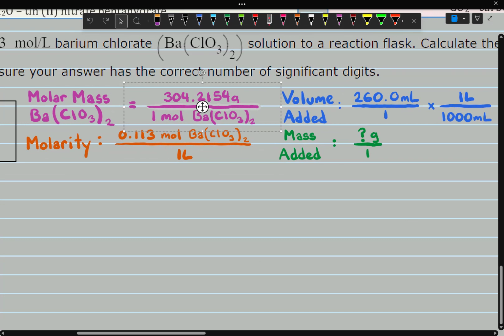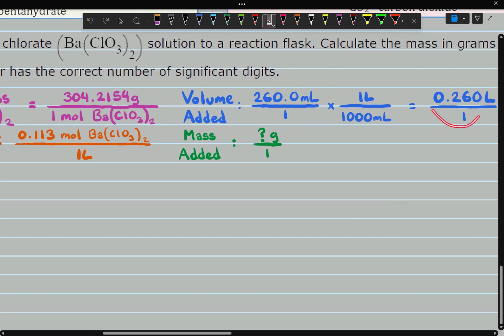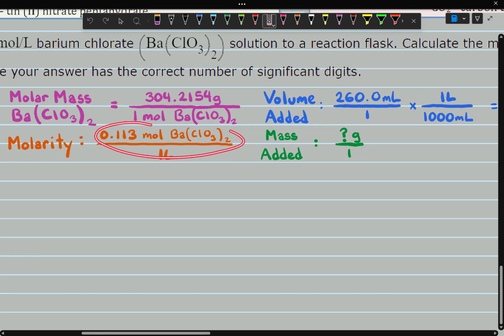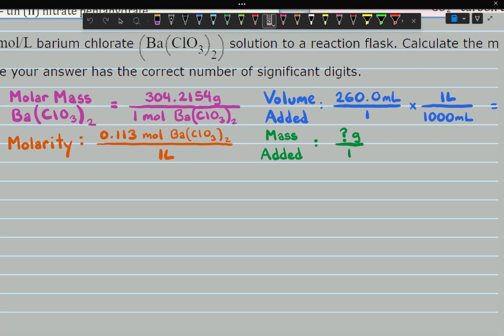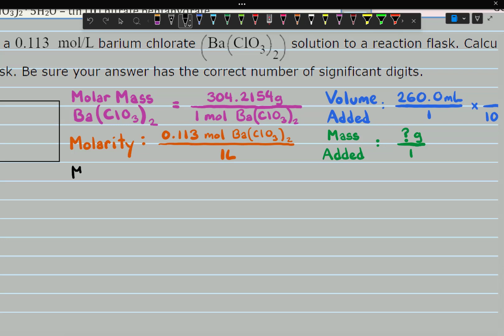If we multiply 0.260 liters by our molarity, then the liters will cancel and we'll be left just with moles. So let's do that. Let's label this moles added, just so we know what we're doing.